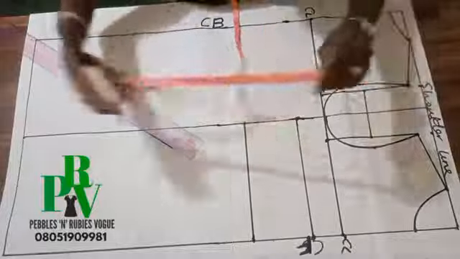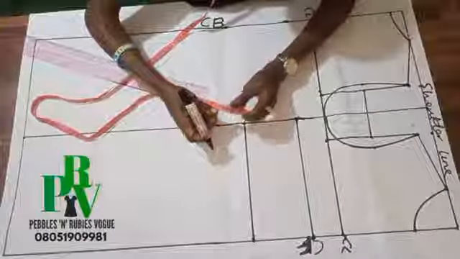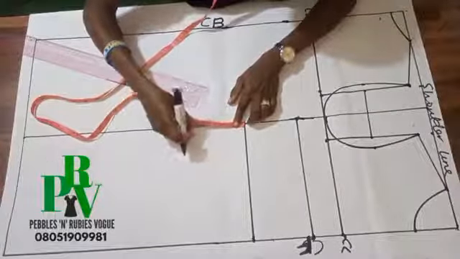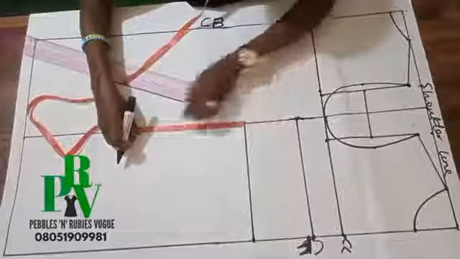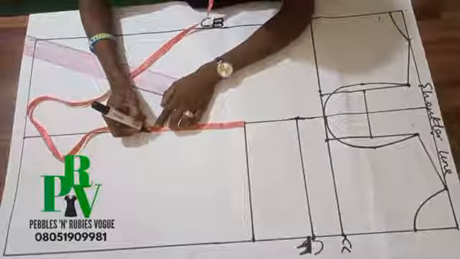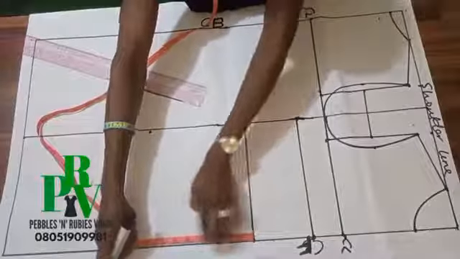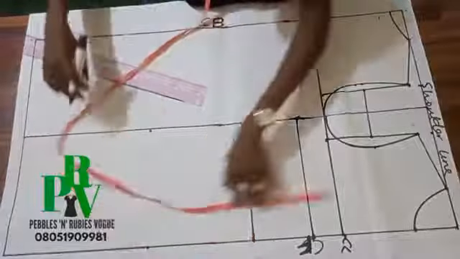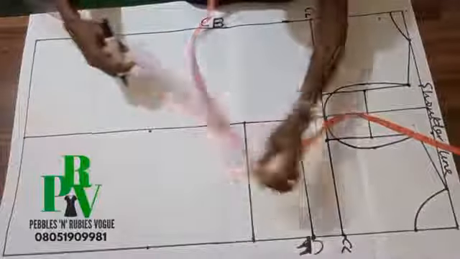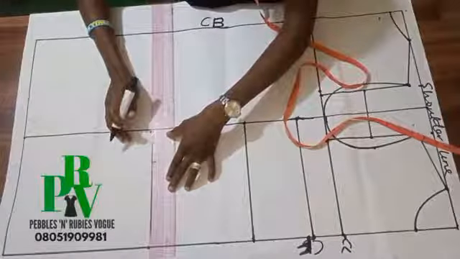And then from the waistline to the hip line, the distance is 8 inch. It could be 8 or 9 inch depending on the body size, okay? So from my waistline, I'll mark 8 inch distance for the hip line. And then this is our hip line.